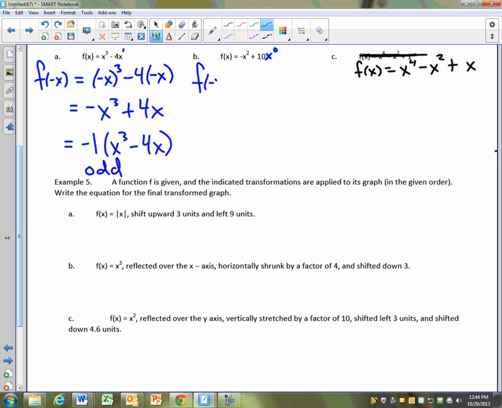Let's plug it in. We plug in a negative x. So I have negative quantity, negative x squared plus 10. What do you get if you have negative x squared? Why is it not positive? Yeah, you square the negative x to get a positive, and then you apply the negative to make it negative.